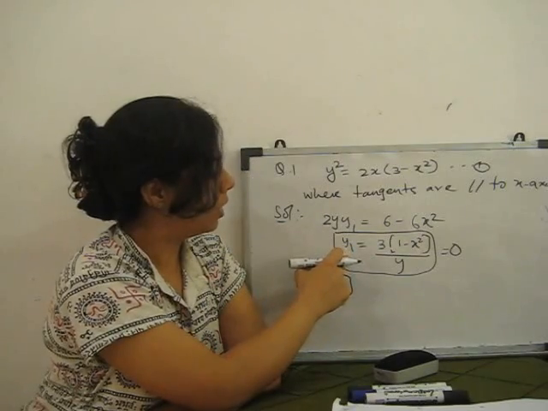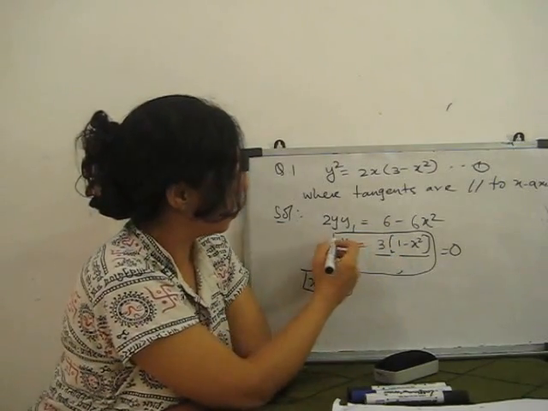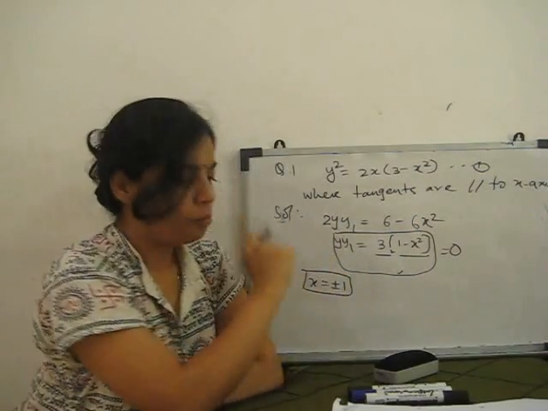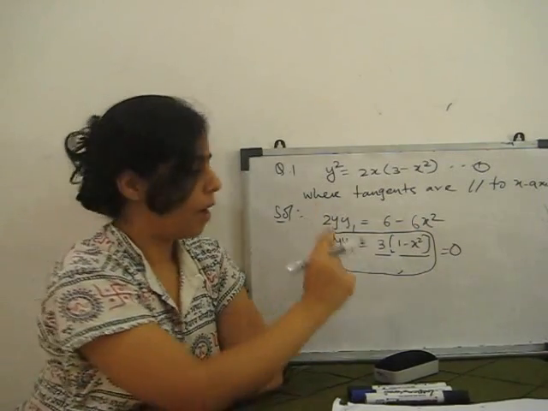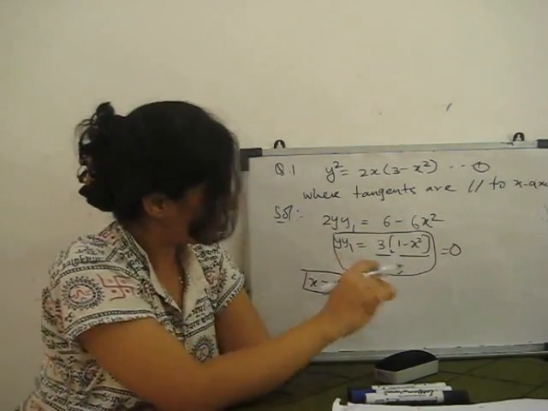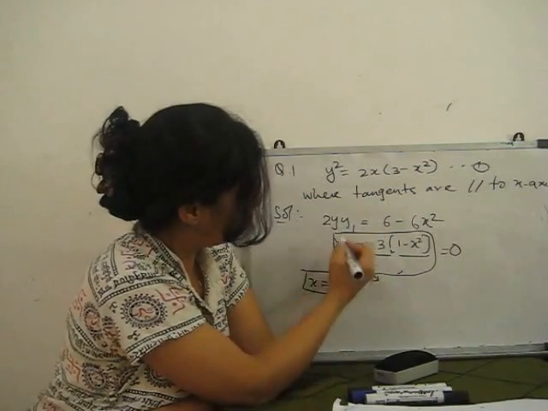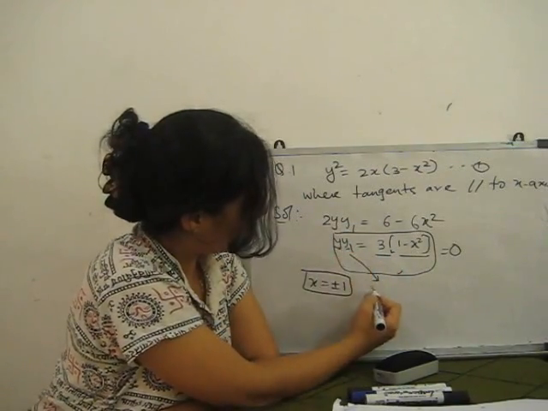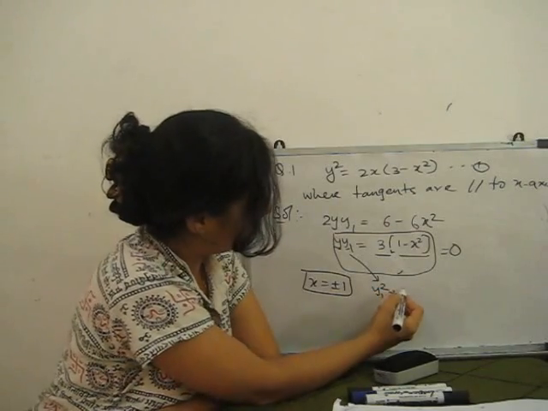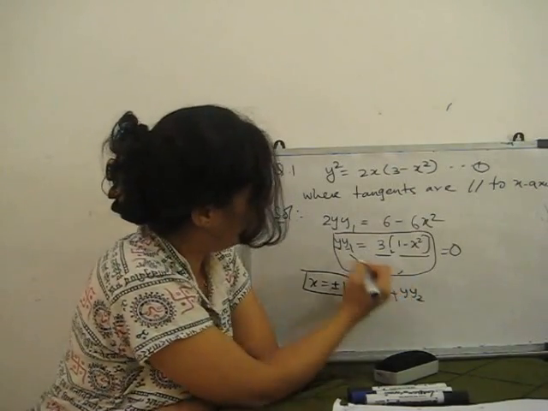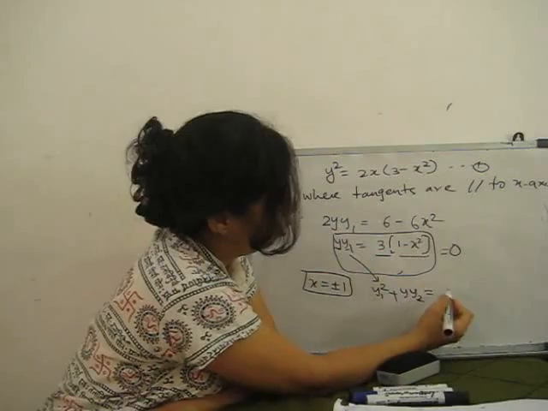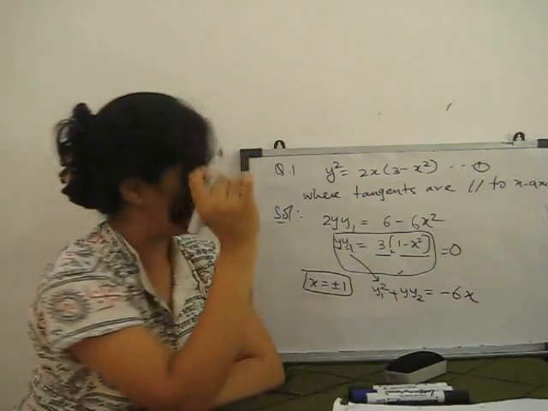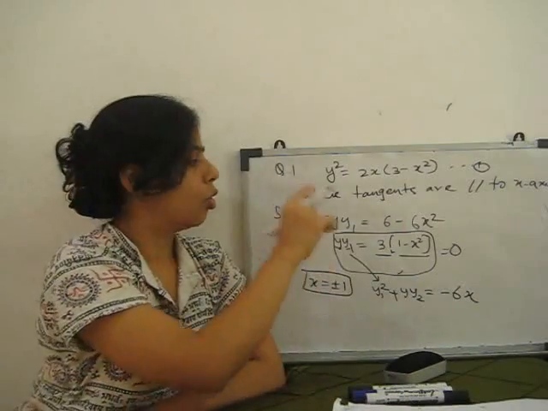One more time, differentiate this with respect to x. When we differentiate once more, what is coming? Differentiating y1 times y using the u into v rule, the differentiation of y is y1. So y1 square plus y2 y is equal to minus 6x. Clear?